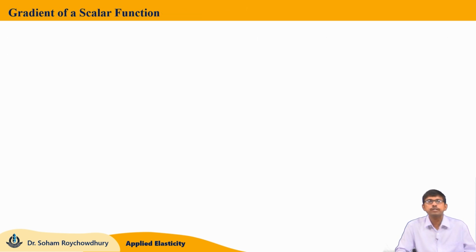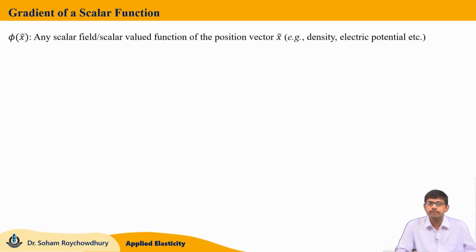Now, we are going to define the gradient of a scalar function. We will come across calculus operations such as gradient, curl, divergence, trace and Laplacian in elasticity problems very often. That is why we need to first introduce all these quantities and their formal definitions.